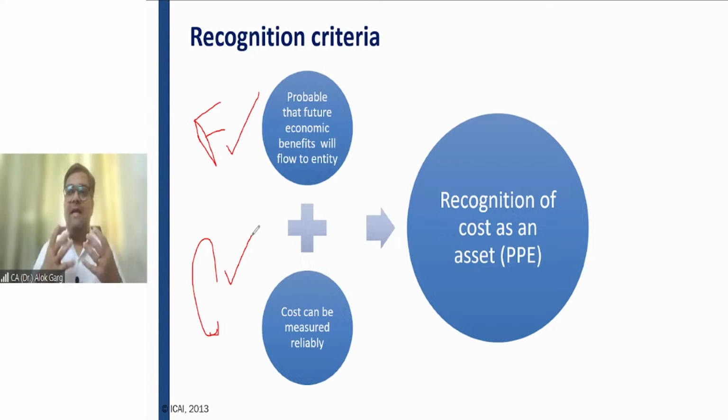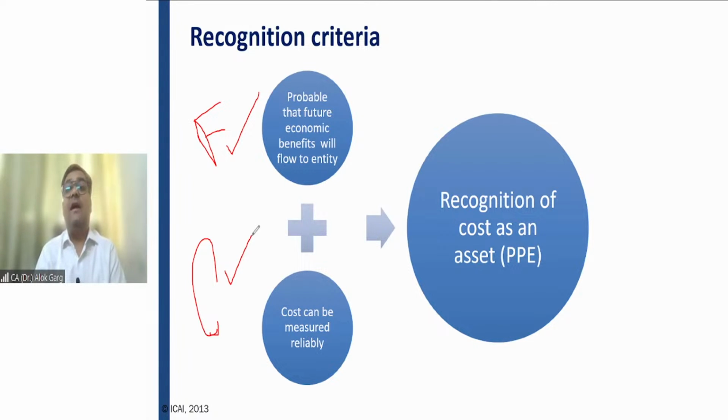If you are recognizing an asset, you are not expensing it. You will recognize the asset only when the future economic benefit is probable. The definition of asset is a resource controlled by the entity which provides a future economic benefit associated with that asset.